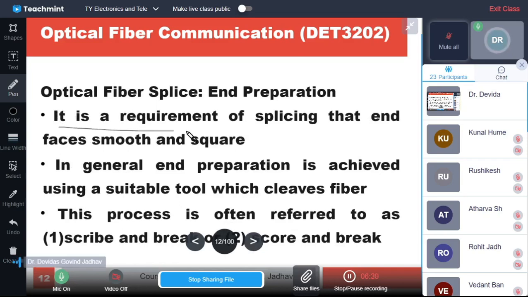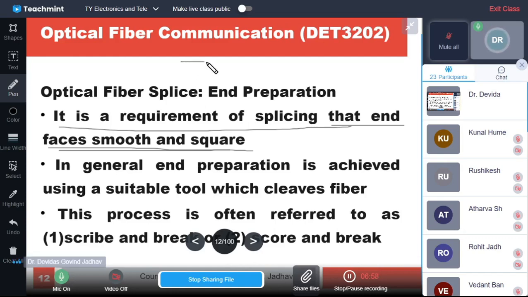It is a requirement of splicing that end faces must be smooth and square. What is the requirement? The end of the fiber is smooth and square. As the fiber is made up of glass and crystalline material, while cutting the fiber end it will not be very smooth, it will be irregular, and that's why the end preparation becomes important.